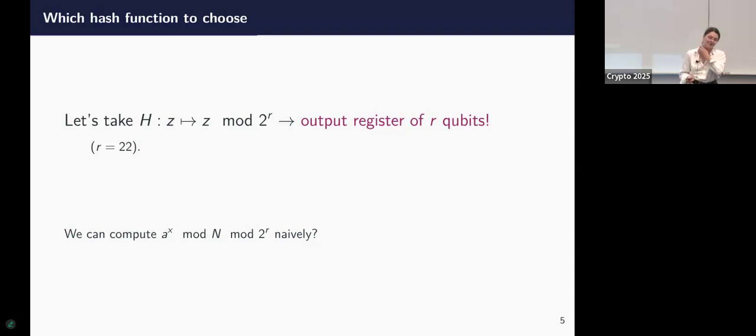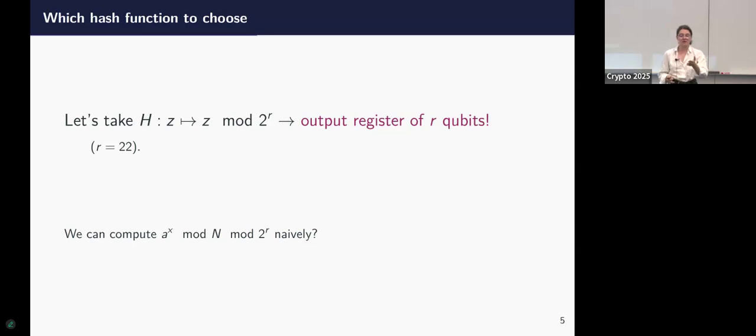So this is a nice idea. The problem is that we can't compute a to the x modulo big N and then modulo 2 to the r naively. This difficulty is why May and Schlipper only sketch their idea theoretically.